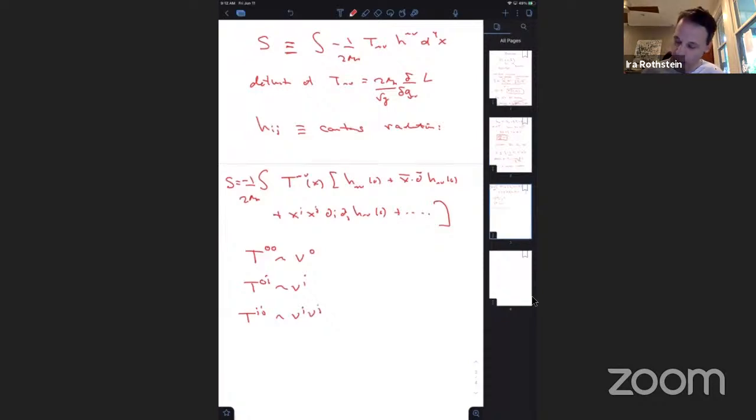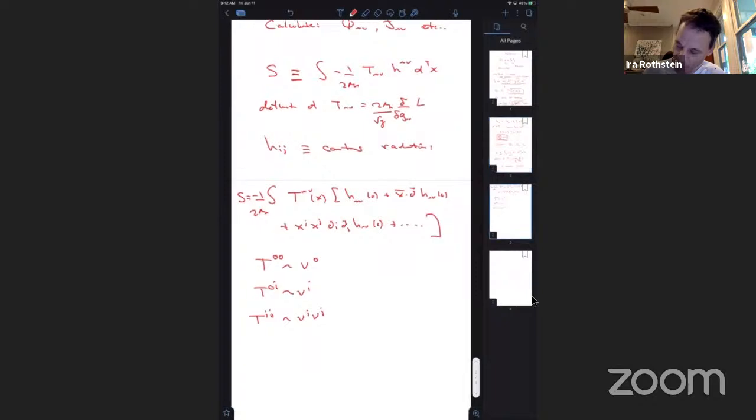Well, physically we can tell because this is going to start with a mass, this is going to start with the momentum, and this guy, since it has two indices, it has to be vi vj. It could be a delta ij piece there too, but there's no reason why there shouldn't be a vi vj piece. So if you don't want to use any physics input, this is just covariance under rotations.